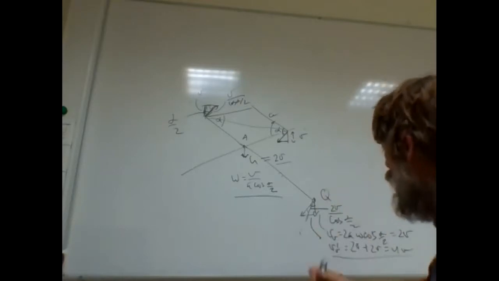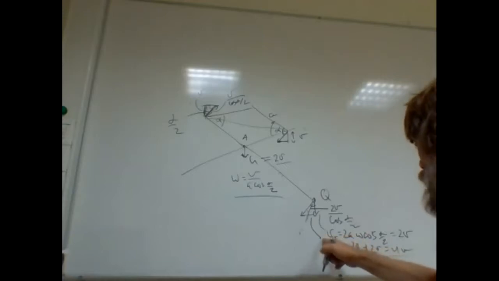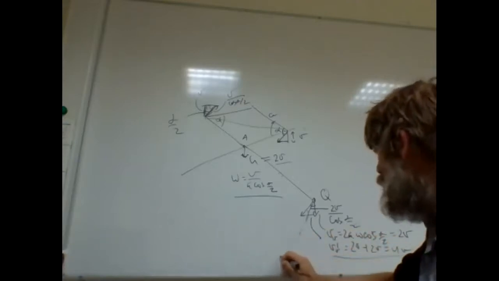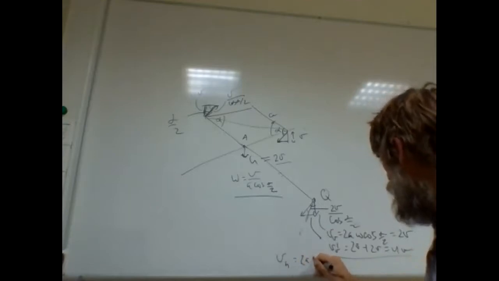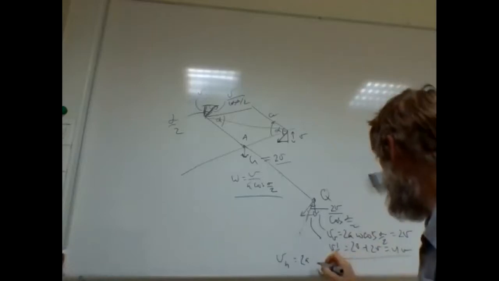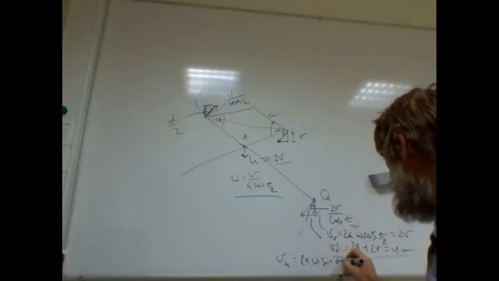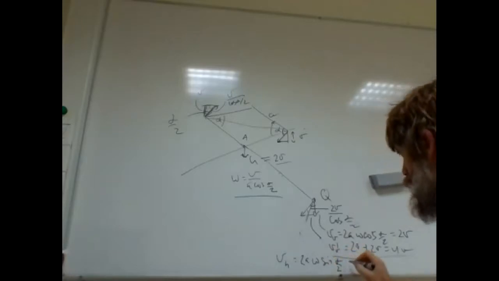So the vertical component was 2a omega cosine alpha over 2, and now the horizontal is 2a omega sine alpha over 2, and now we have sine divided by cosine, which gives us tangent.